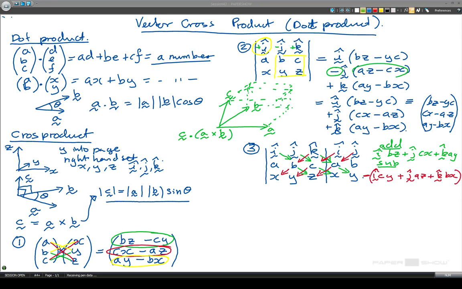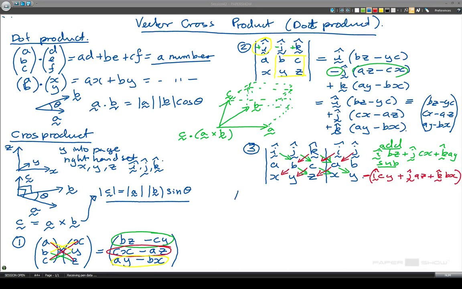Now, depending on which order you put the vectors in, you'll get a positive or a negative answer. Of course, for a volume, it's always going to be positive. So that's one application of the cross product.